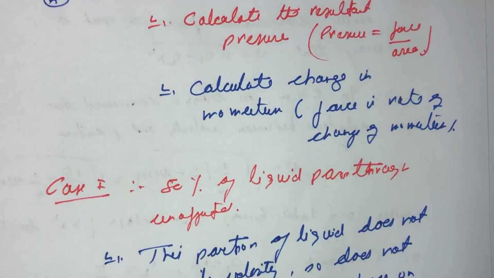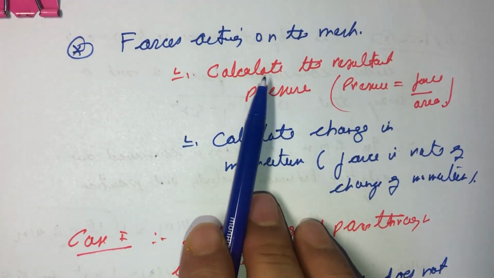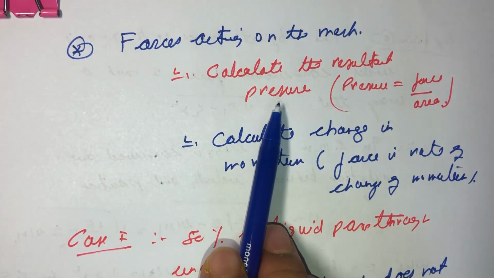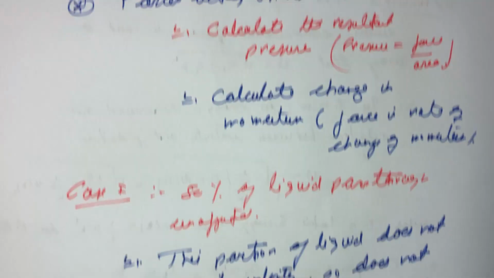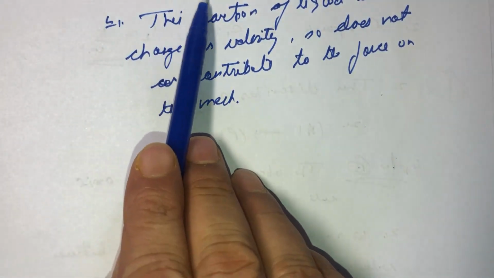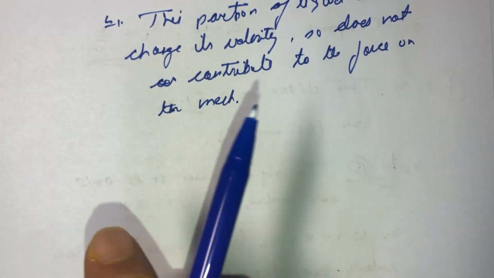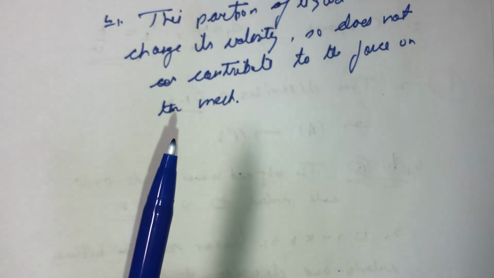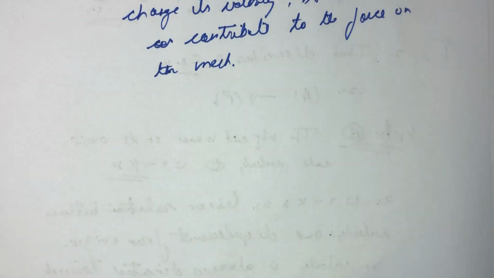Because the force acting on the mesh will depend on either of the two options: it will be either because of the pressure or because of the change in momentum. As it is passing through unaffected, there is no effect on the pressure, and no change in velocity, or we can say neither the momentum is changed. Now we come to case 2.